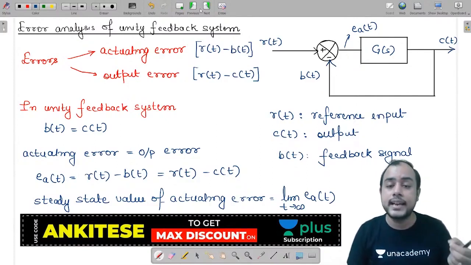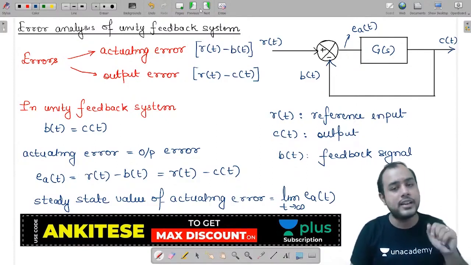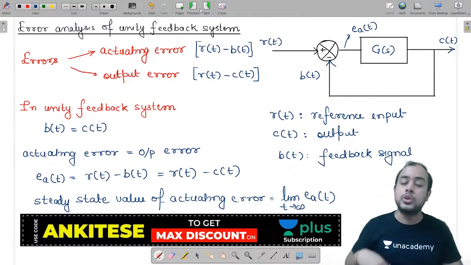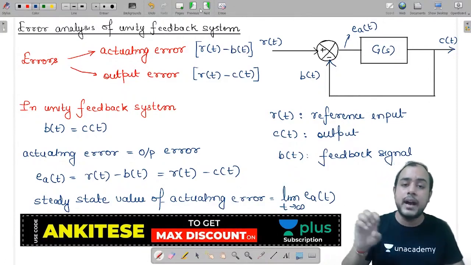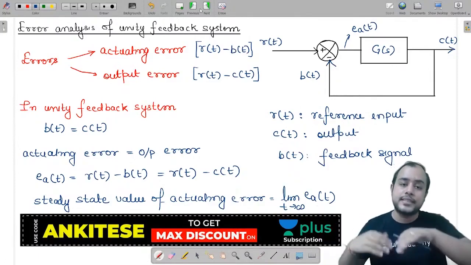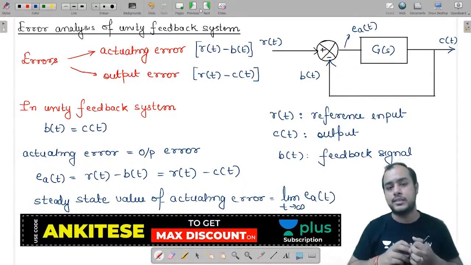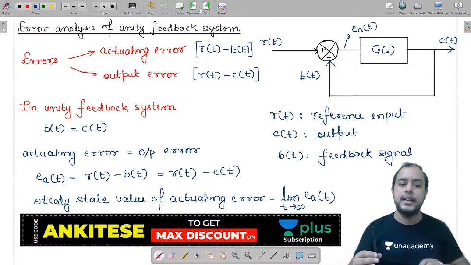Practically, error is relevant when we create a closed loop system. Why did we create a closed loop system? So that we can minimize the error between the desired and the actual value. Now if still there is an error, that error is of interest to us.